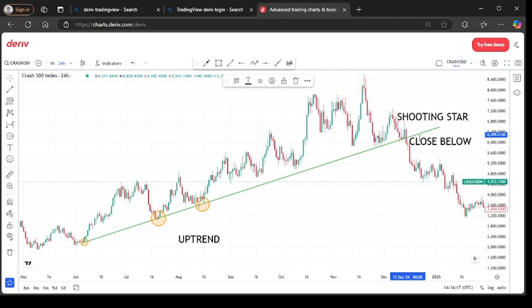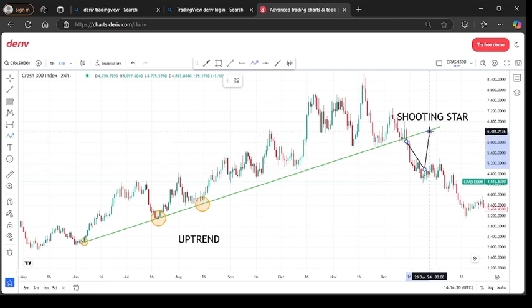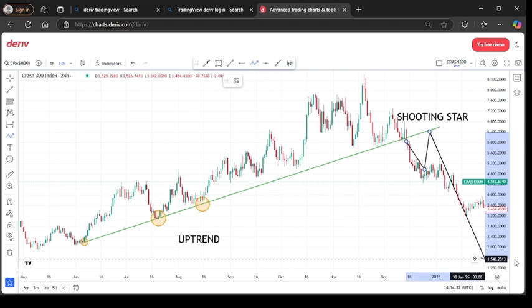Sometimes price will break and retest. Sometimes it has to come back and retrace to the trend line, then it moves down. But sometimes price will just break and move downwards. Usually, how do we enter?